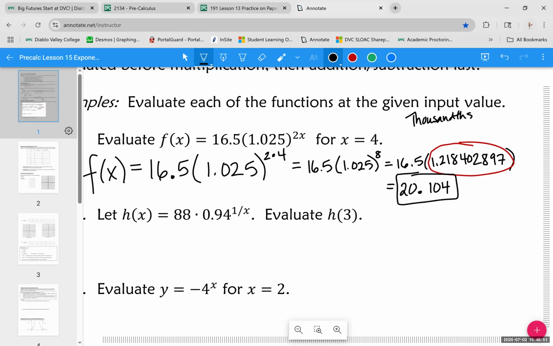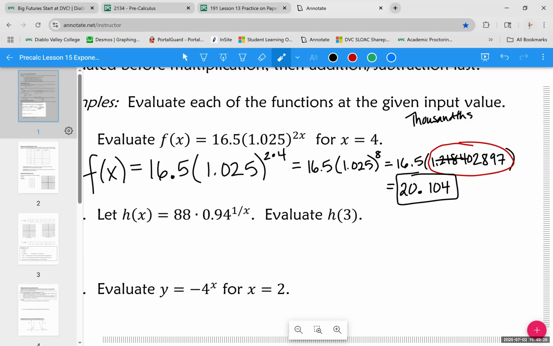Now, if I did 16.5 times 1.218 in my calculator, in other words, if I rounded at this step and just used 1.218 times the 16.5, I get 20.097, which is close, but not the same.